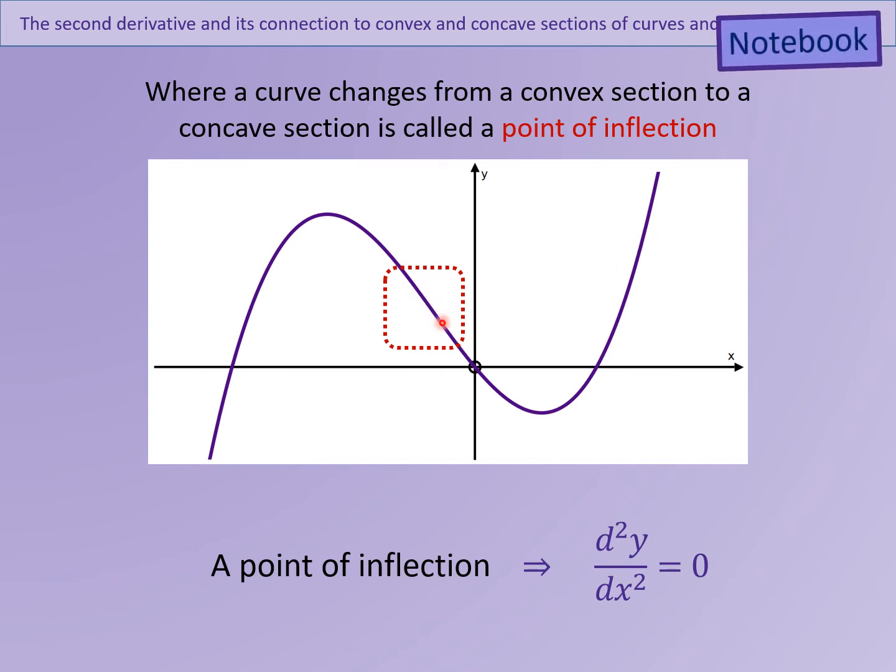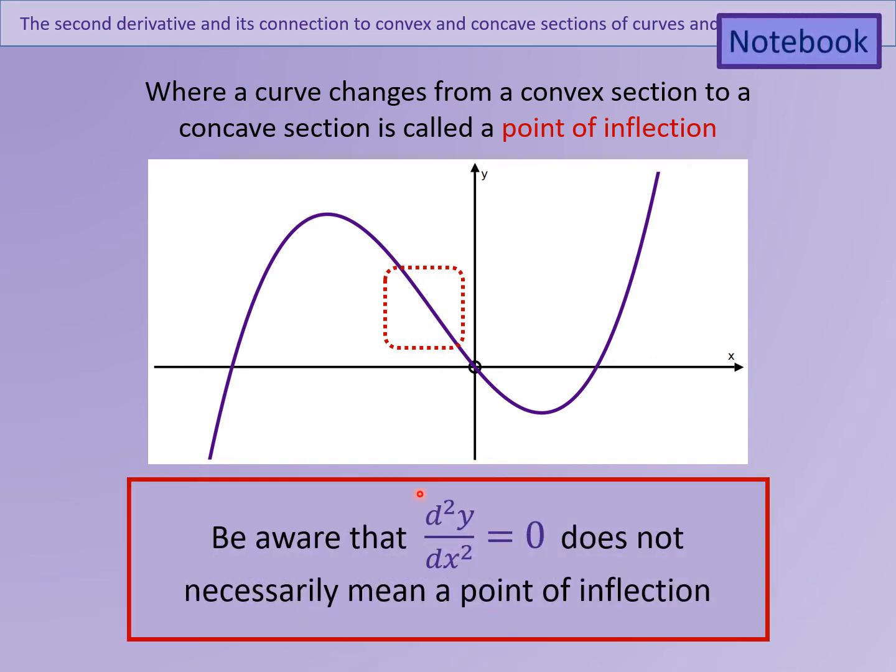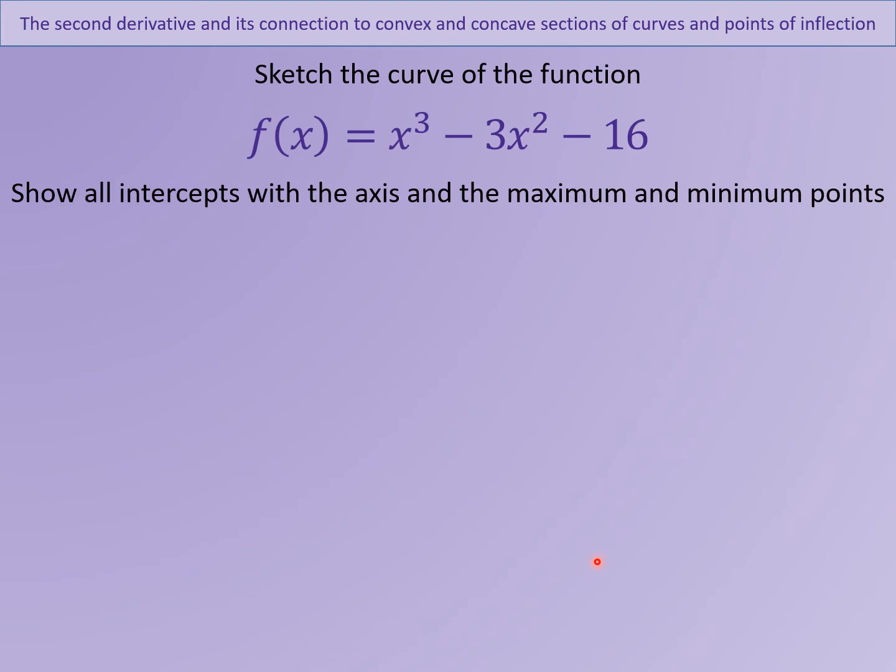And that, where it equals naught, is what we call a point of inflection. Need to be careful. Make sure you've got all these notes down. Pause if you need to, because it's not true the other way around. Having a second derivative equal naught does not necessarily mean a point of inflection. So a point of inflection implies that, but that doesn't imply that. And we'll look at an example of that now.